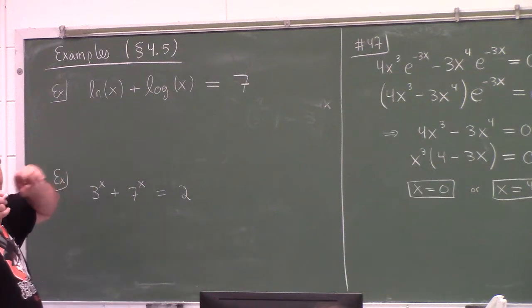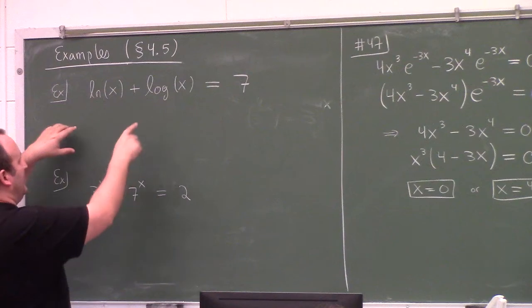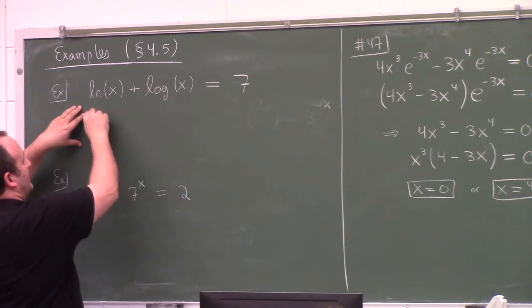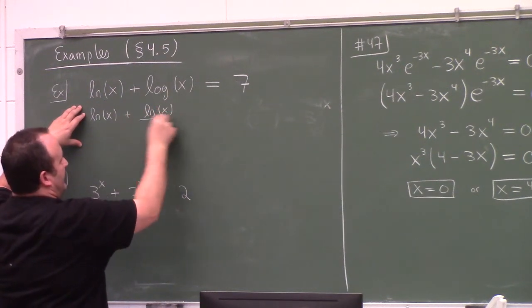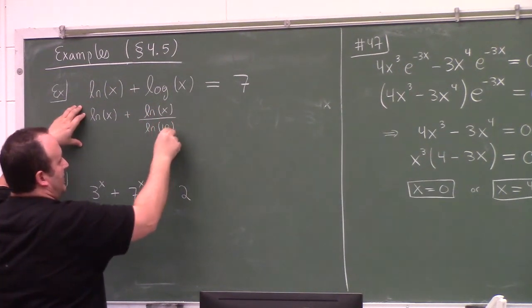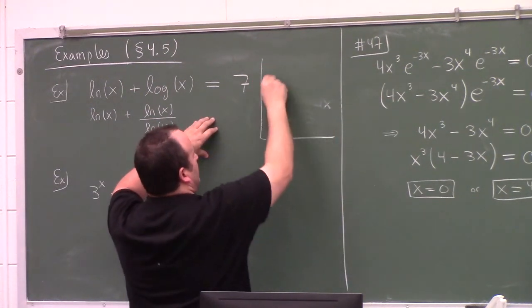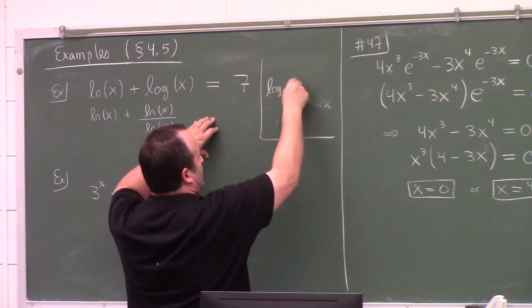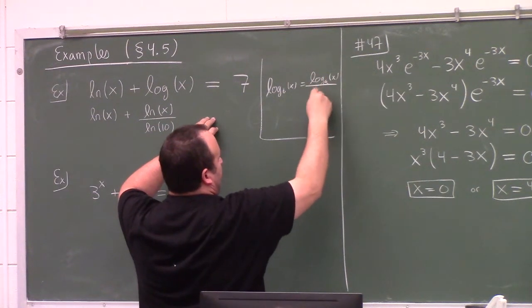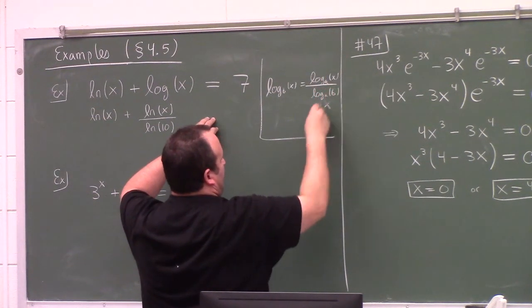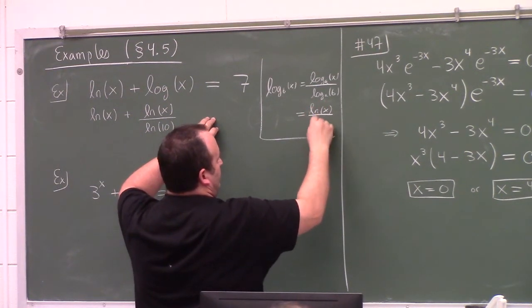So, what you're thinking of, and Jared was not far off base, is that I need to change the base. He just didn't remember the words for it. So this is log of x plus the natural log of x divided by the natural log of 10. Because remember, common log is log base 10, right? And the change of base formula is that log base b of x is log base a of x over log base a of b. So in the special case of natural log, that just becomes natural log of x over natural log of b.